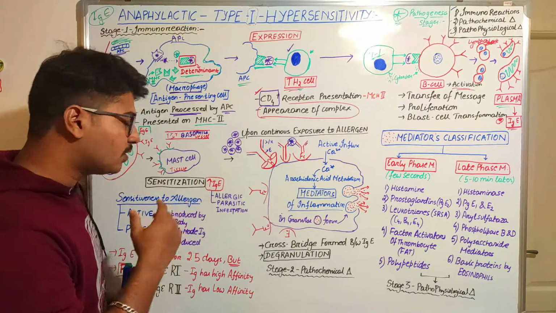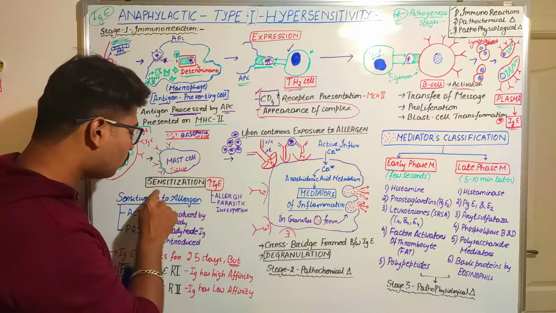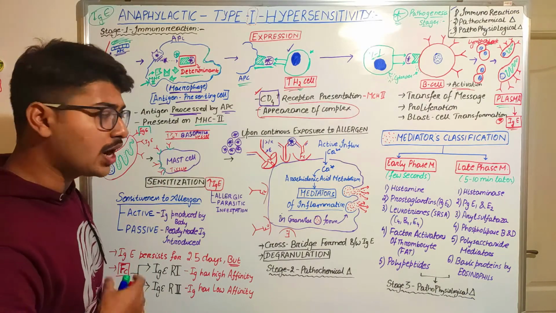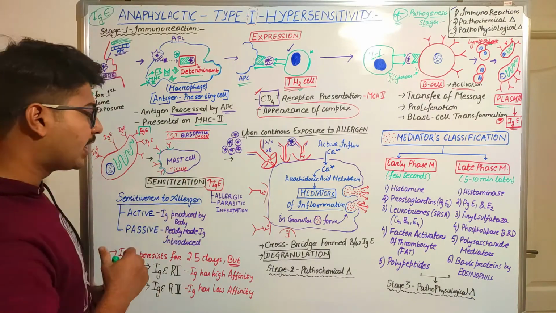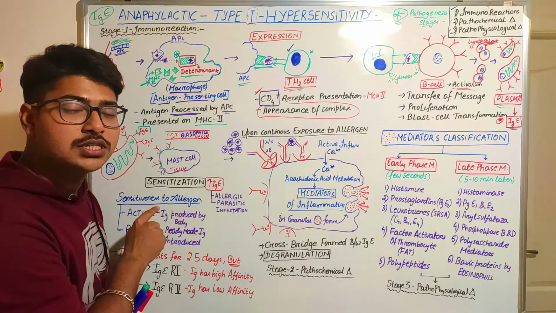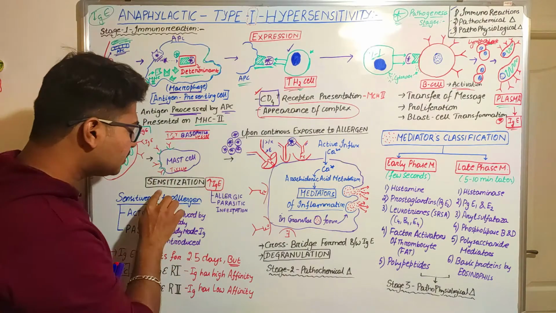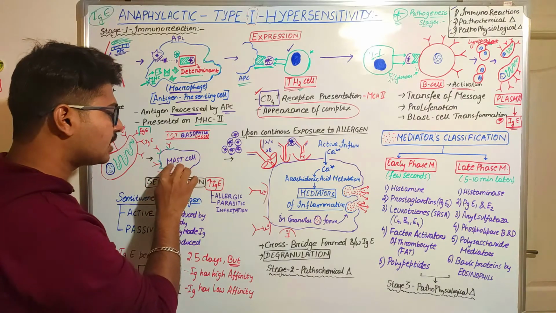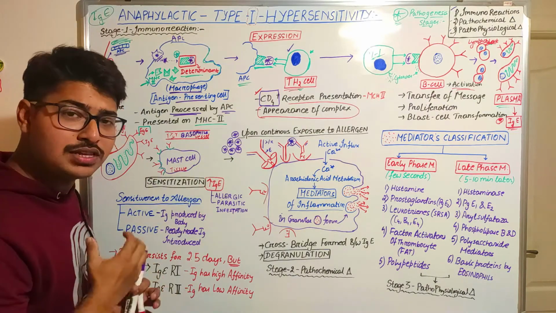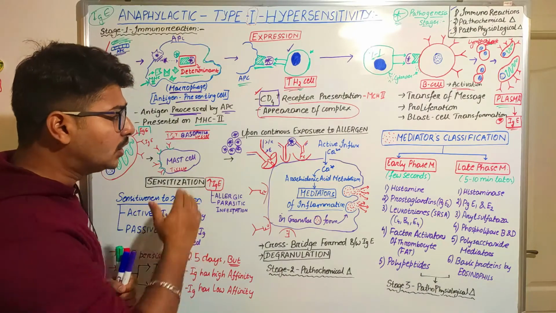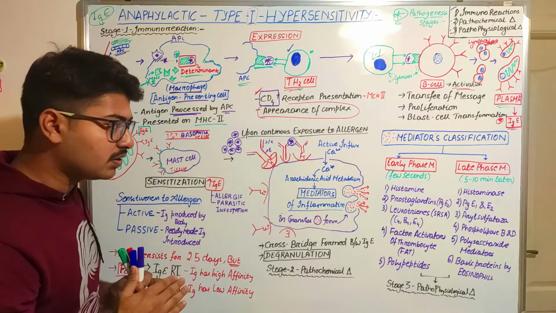So the next question is why I am stressing the word sensitization. What do you mean by sensitization and what are its effects? This process is very essential, because until and unless this sensitization of cells like the mast cell or the basophil cells present inside the vessels or tissues occurs, the further process will never occur.